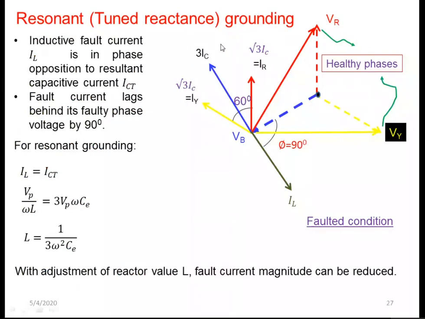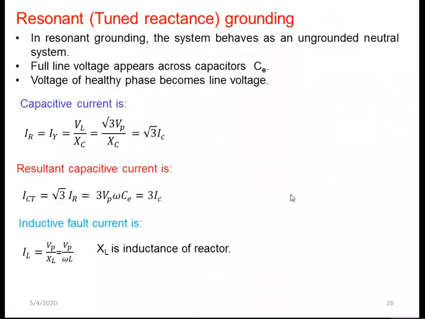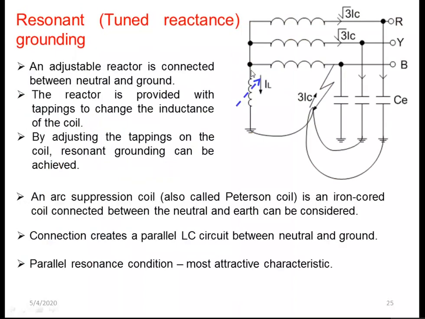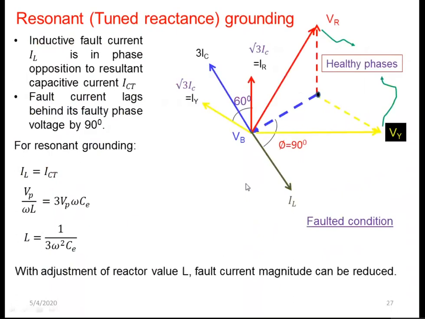Then we have the inductive current flow through the reactor connected between the neutral point and the earth point, and as such the reactor is purely inductive in nature.